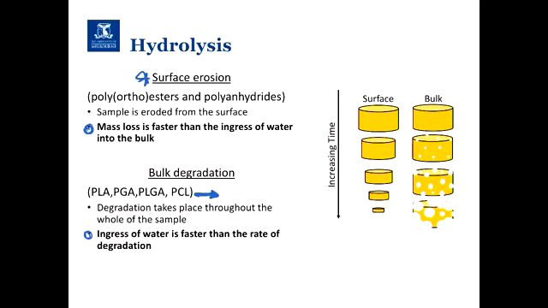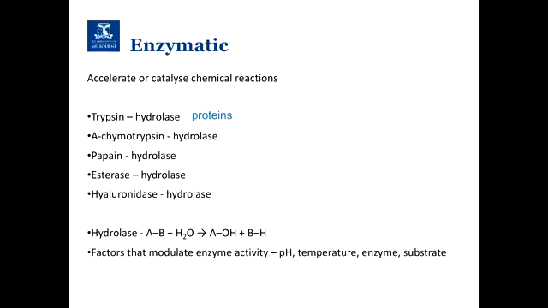Do you want it to degrade away at the surface, or in the bulk? Sometimes this is very important if, as it degrades away, you want a drug to be released. So that is important when you choose between bulk erosion or surface erosion.